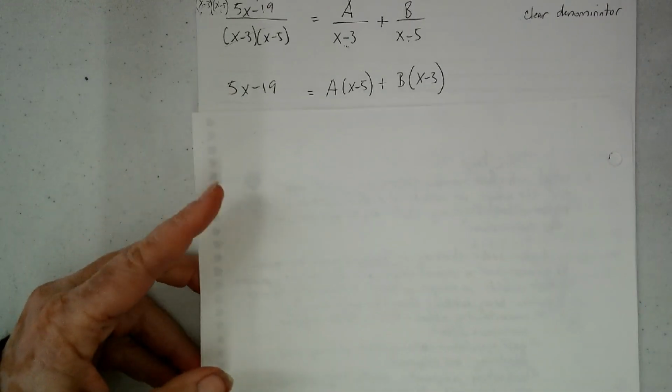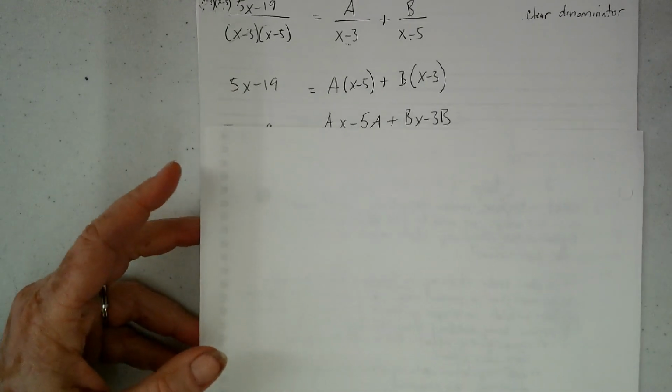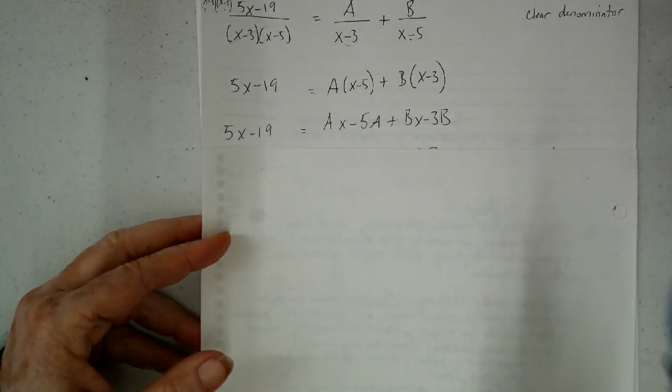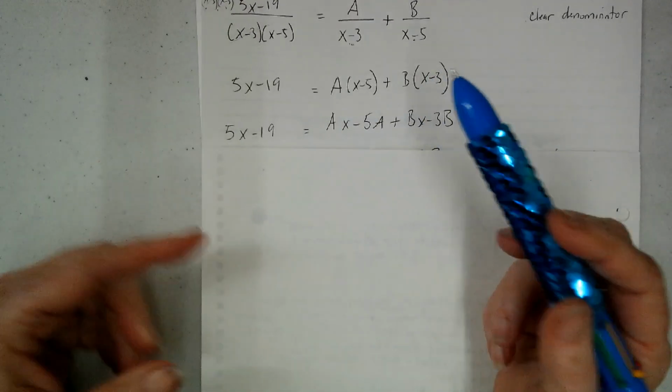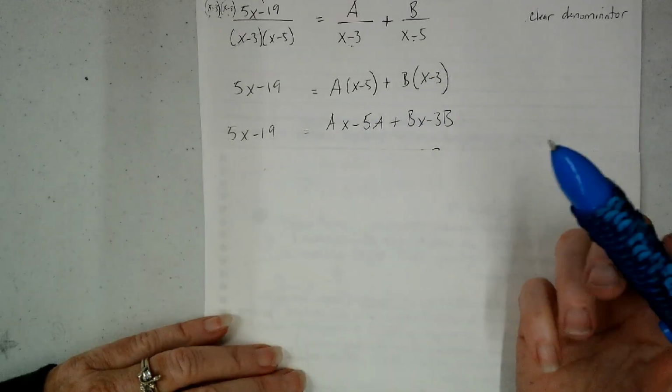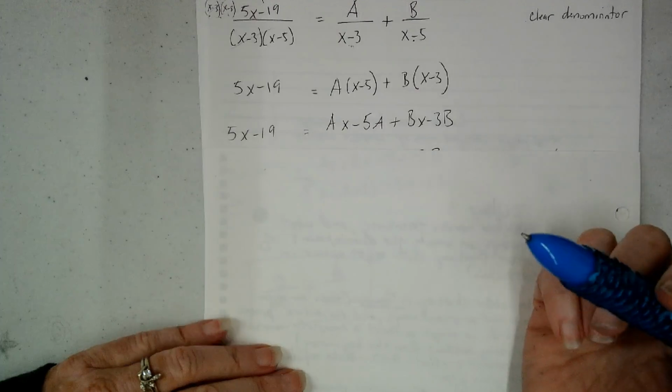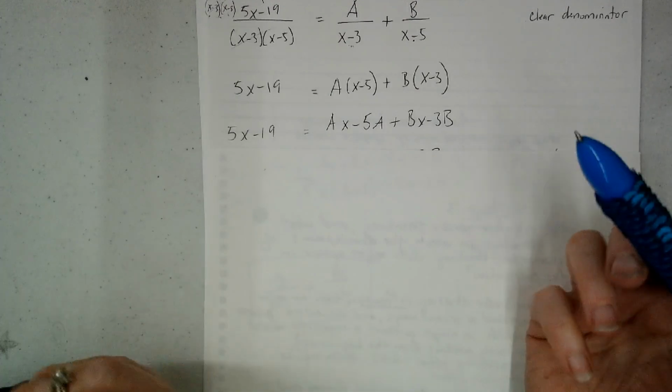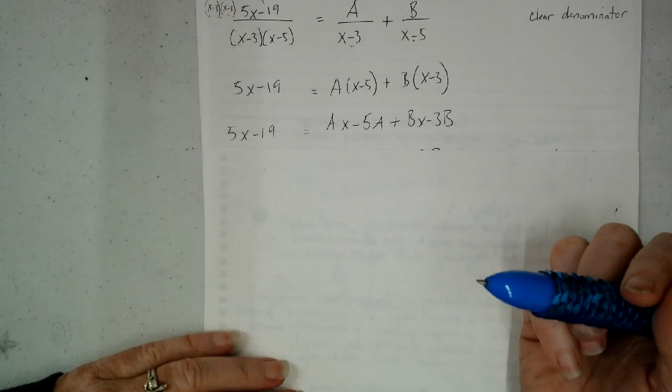Okay, so we just cleared the denominators, and then we're going to distribute. The reason we're distributing is that we're going to relate the coefficients.